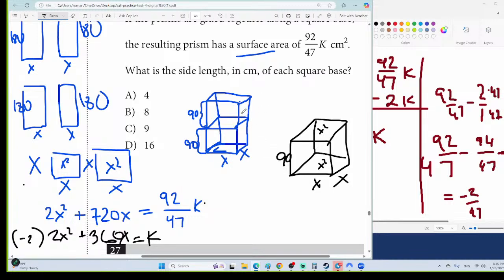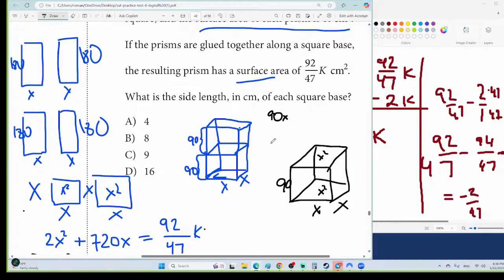This extra 4 walls around. That's what's extra: 90 times x, times 4, 360x.